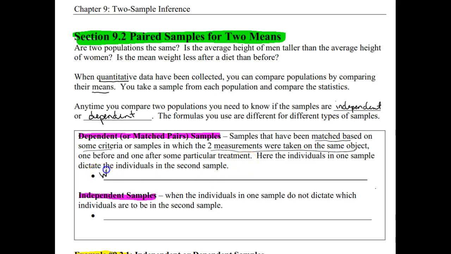So in this case, we have two values of the same variable recorded for the same object or similar objects.